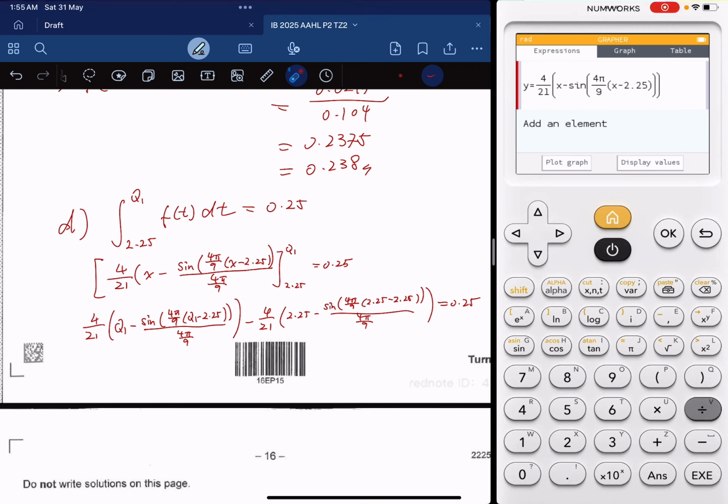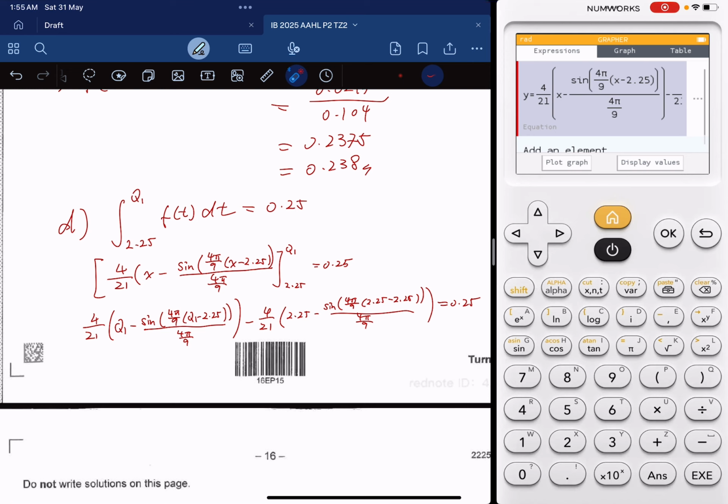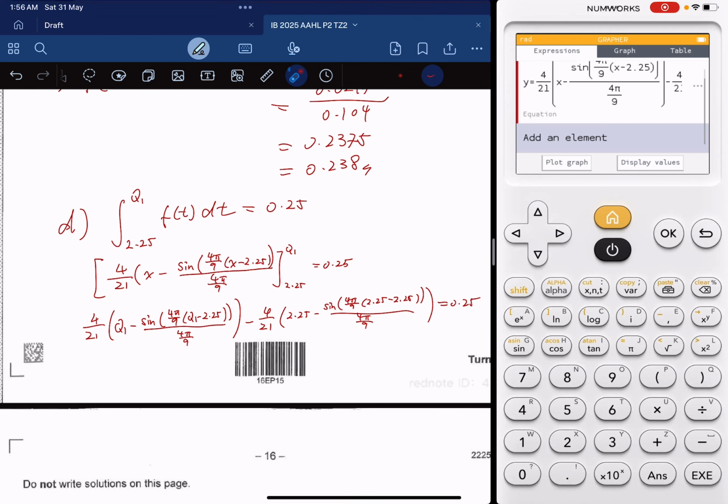Then I'm going to divide this by 4 pi over 9. So this is my first equation, minus 4 over 21 times 2.25. Sorry, 2.25 should be on the outside. So enter, and then this equals 0.25.